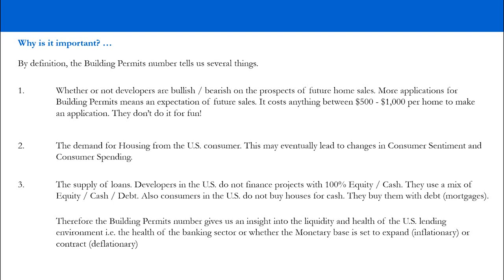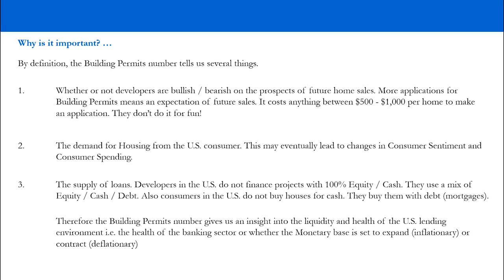If it costs money, it's pretty serious. So it gives us a very good indication of whether developers are bullish or bearish. If there's a lot of applications going in, they're paying a lot of money for permits. If there's not a lot of applications going in, they're not paying any money for permits for future projects. So it's an indication of how bullish or bearish they are.